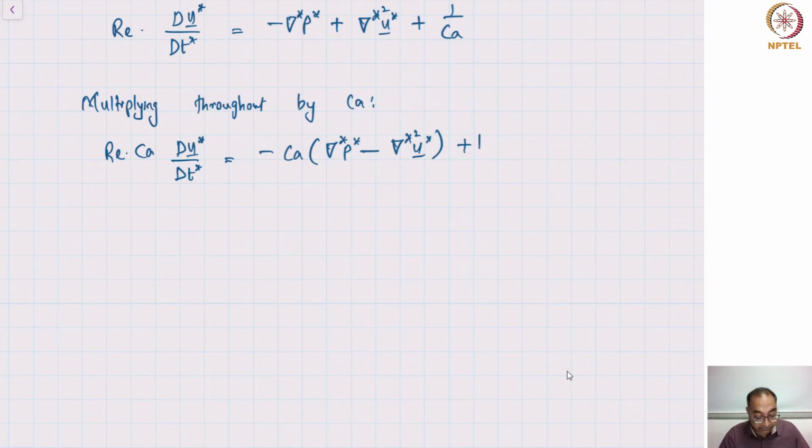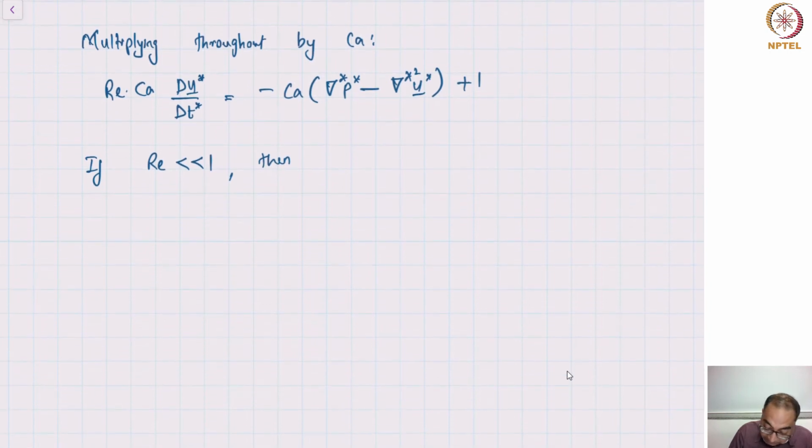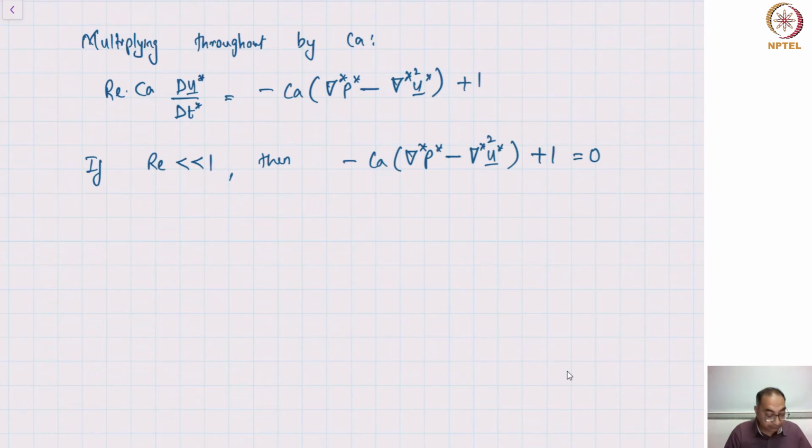This is the non-dimensional form of this equation. Now if Reynolds number is much smaller than 1, then the equation simply simplifies to, we have capillary number is equal to 0. Okay.